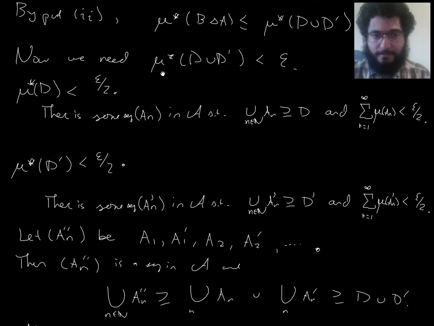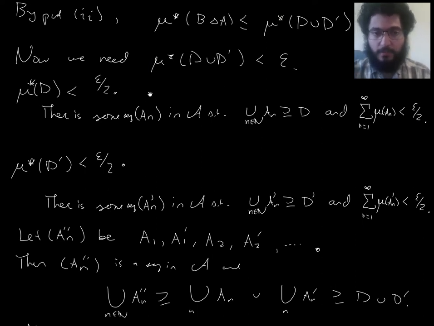but somehow built into this proof, there does seem to be an argument that mu star of D union D prime is bounded above by mu star of D plus mu star of D prime. This proof is focusing on a special case where mu star of D and mu star of D prime happen to themselves be small.